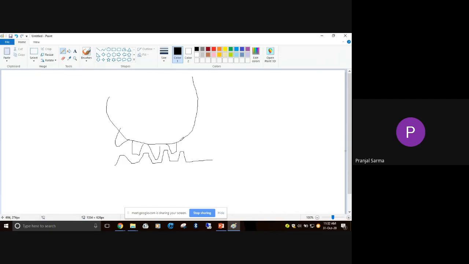Don't mind the quality of the drawing, it's very bad. When the pinion is rotating like this, due to this engagement, a translation motion will be there, or vice versa is also possible.